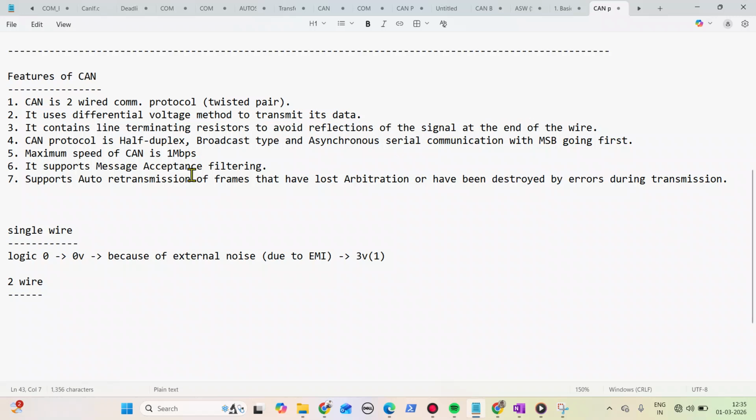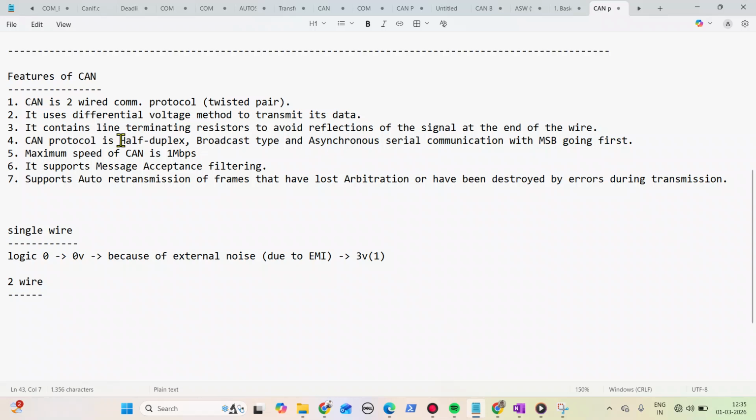And coming to the fourth one, CAN protocol is half duplex, broadcast type, and asynchronous serial communication with MSB going first. In our previous video we have seen what half duplex, asynchronous and serial are. If you have not checked that, you can check it.